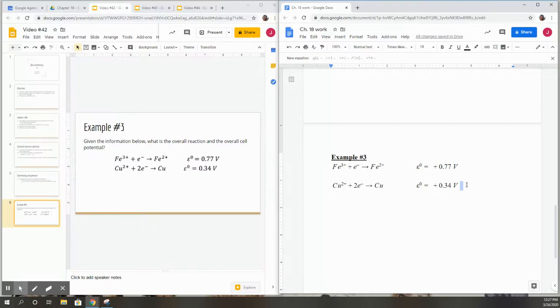When I look at this, I see that I need to reverse one of my reactions. So 0.77 volts is super positive, so that's super favorable. And 0.34 is also positive, also favorable, but less so than the first one. So this is going to be my oxidation. And then for my reduction, I'm actually going to need to reverse the reaction.